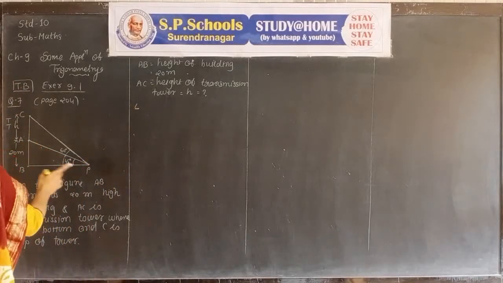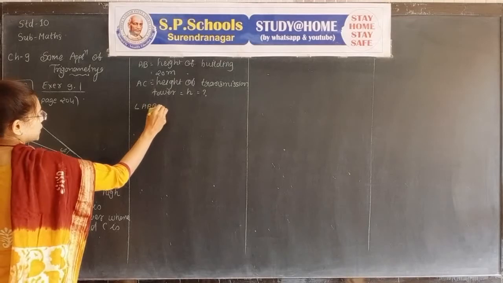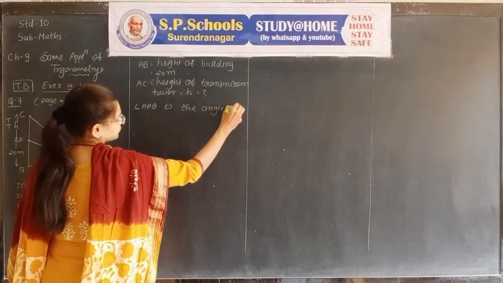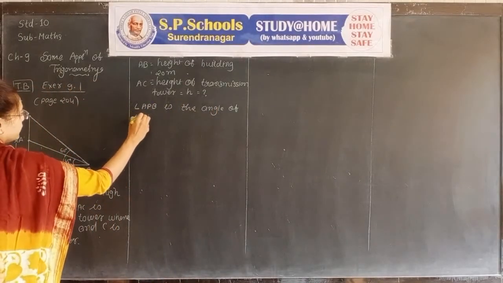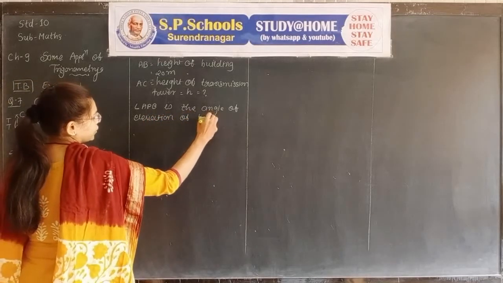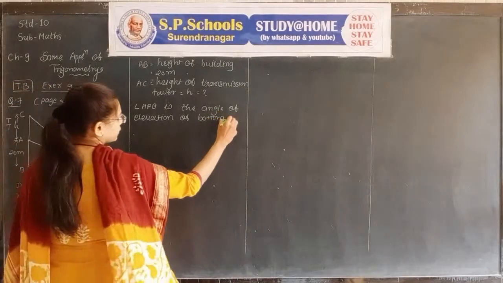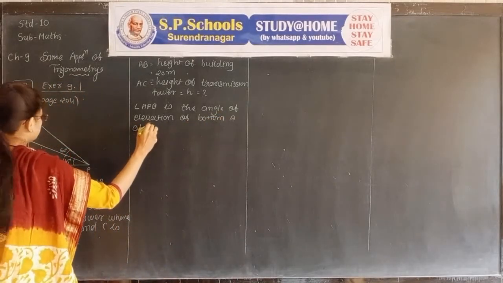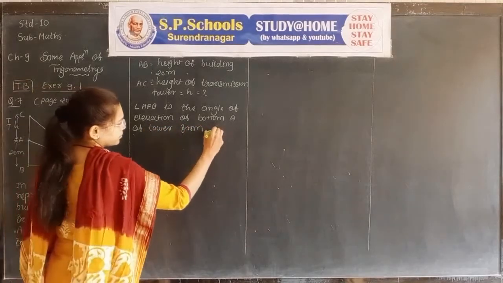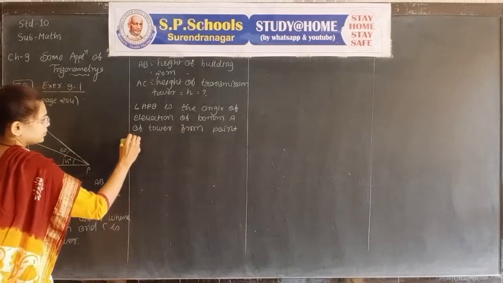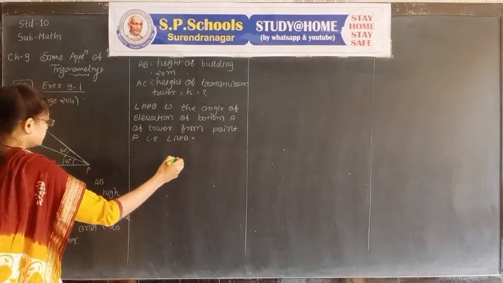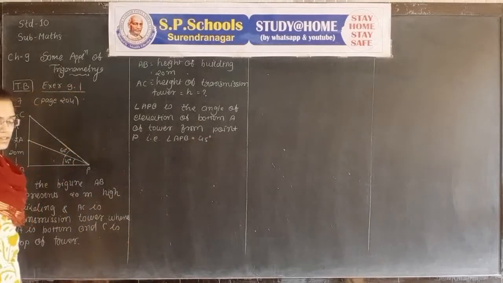Angle APB is the angle of elevation of the bottom A of the tower from point P. That is, angle APB is equal to 45 degree.